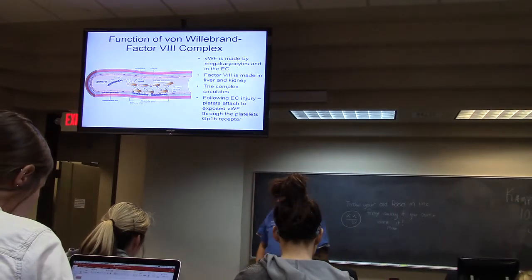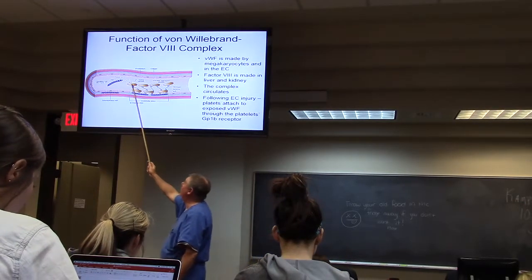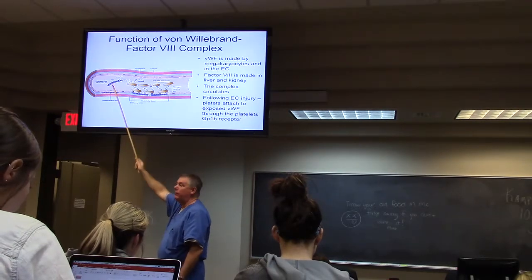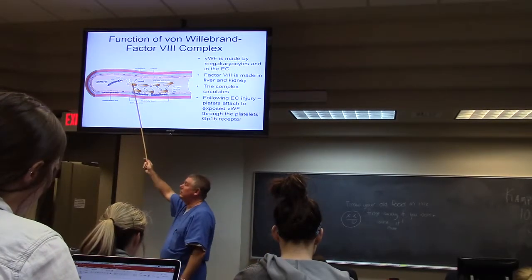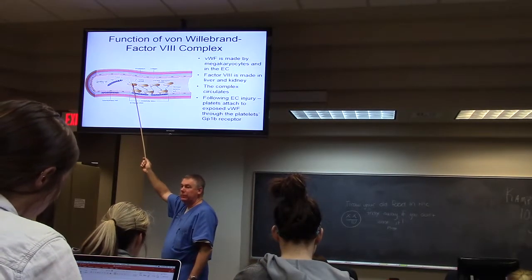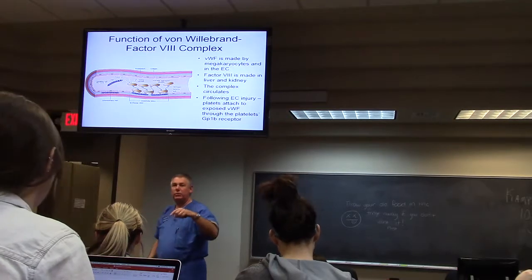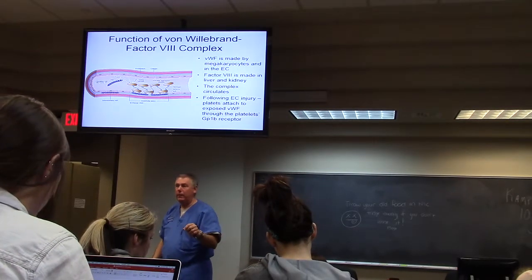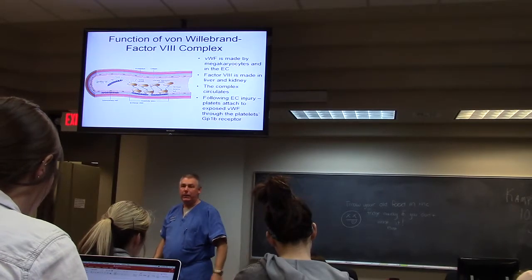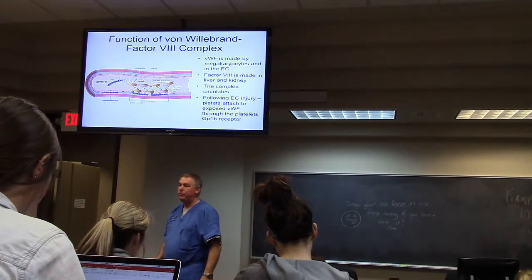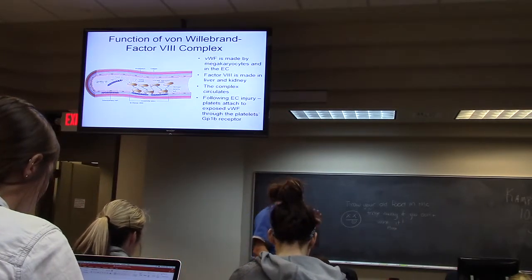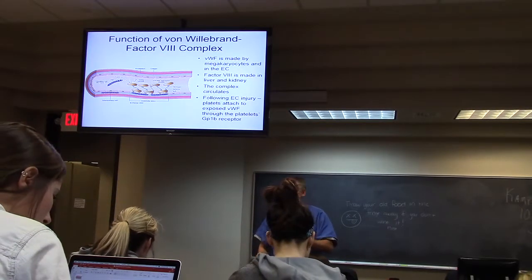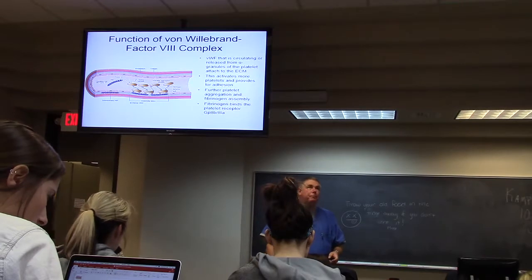They circulate as a complex, and with activated platelets, this von Willebrand factor, factor VIII complex can recognize on the surface of platelets the receptor that will cause a conformational change in factor 10 and initiate the clotting cascade. Just leave it at that for a second until we get to hemophilia, okay? All right.